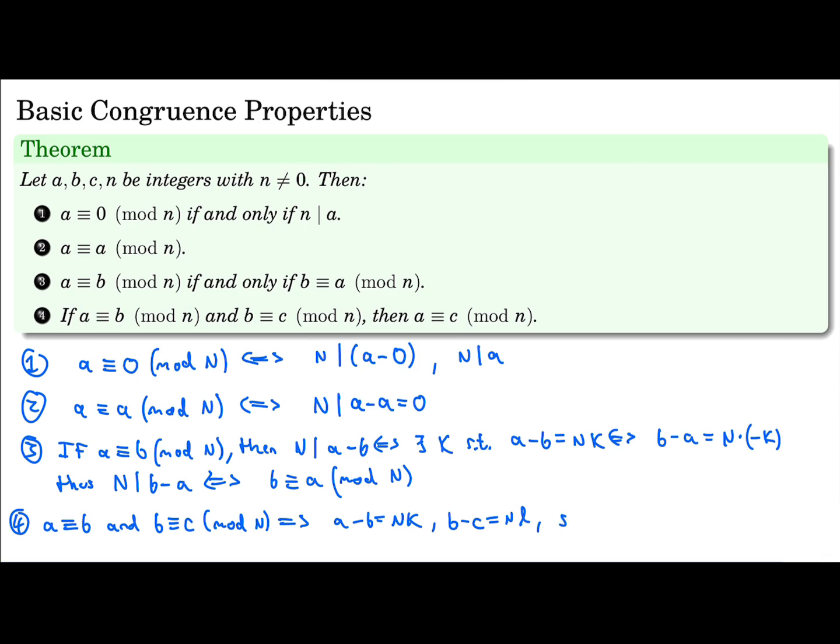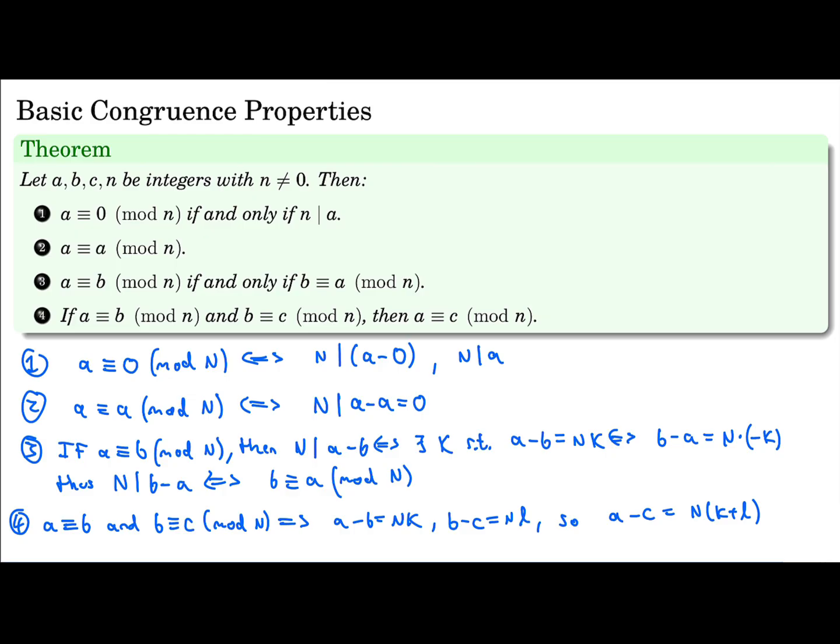But so what this means is if you take these two equations and you add them, notice that the minus B cancels with the B and you get A minus C. So A minus C is going to be equal to nk plus nl.